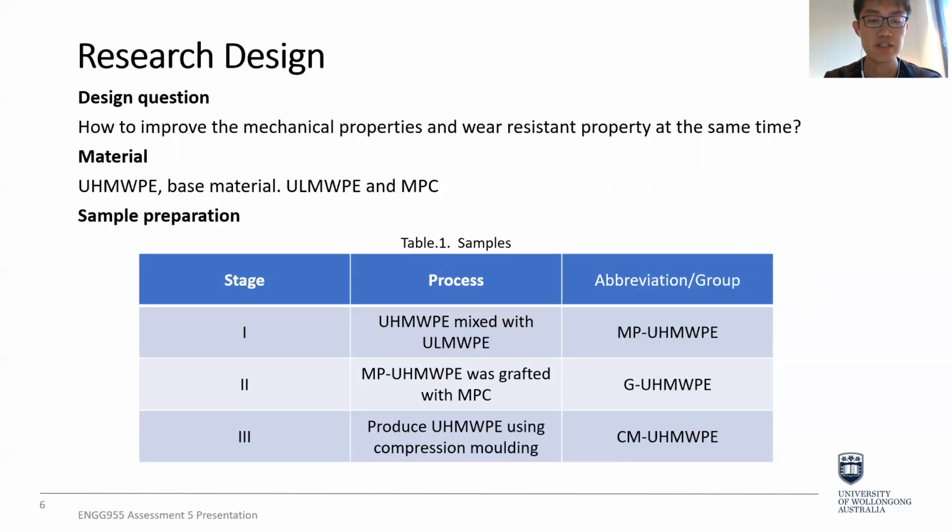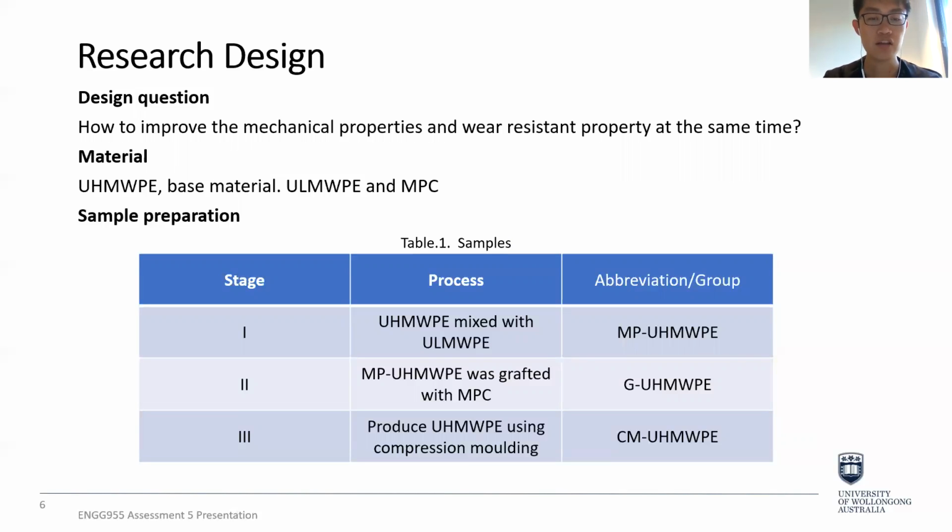First, 10% by weight UL-MWPE and 90% by weight UH-MWPE were mixed in an extruder, and the pellet was obtained. This pellet was milled and injected into knee joint samples, which are called MP UH-MWPE.